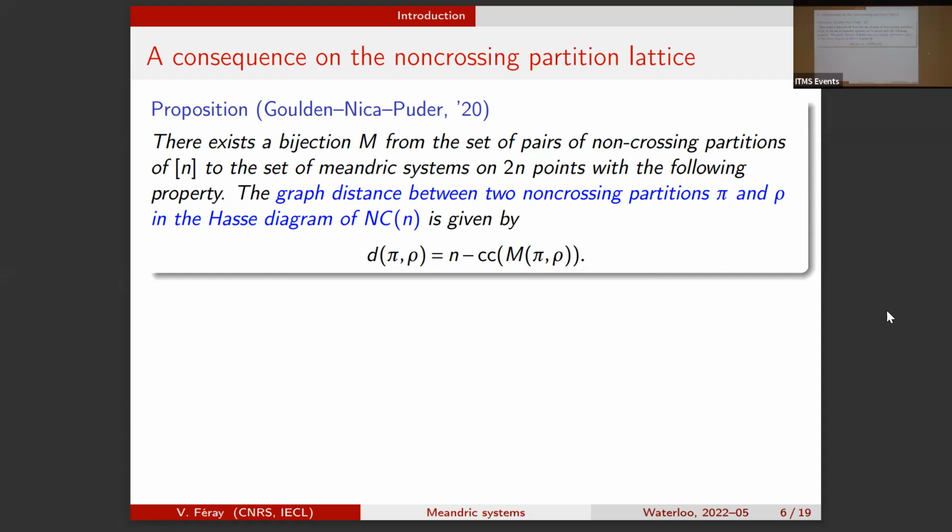In fact, non-crossing partitions of n are known to be in bijection with non-crossing pair partitions of size 2n. If you take two non-crossing partitions, you can associate to them a meander such that the distance in the Hasse diagram is related to the number of components of the meander.